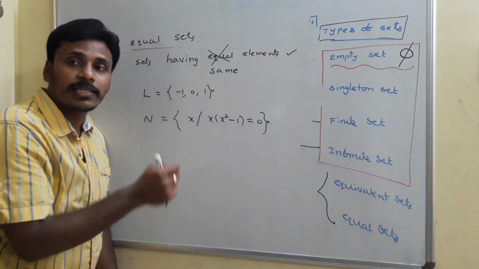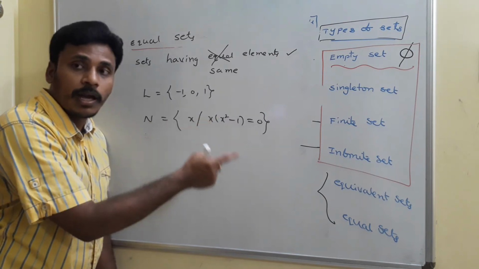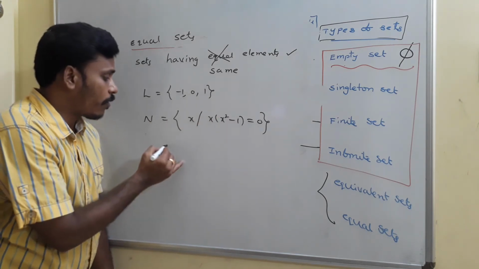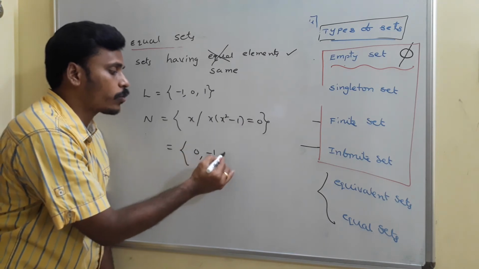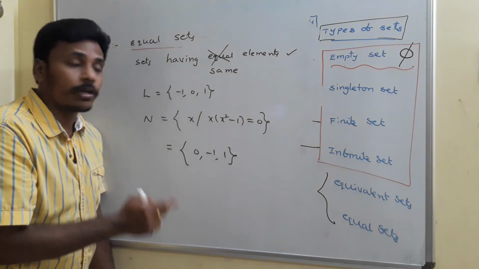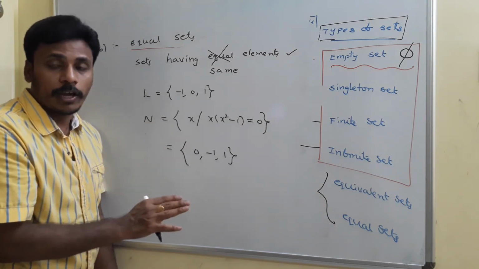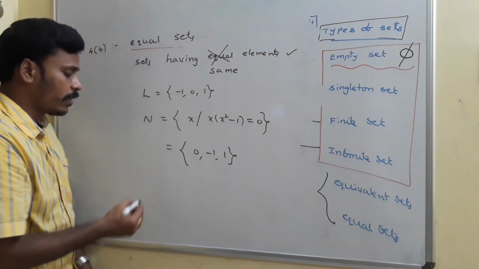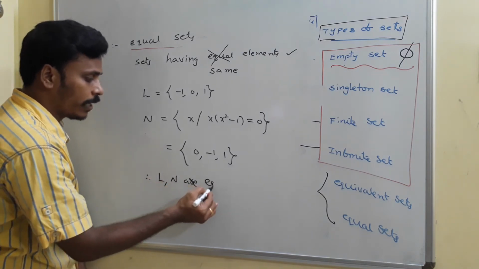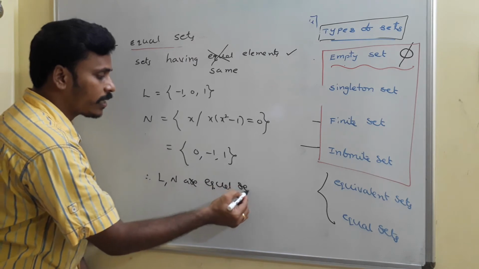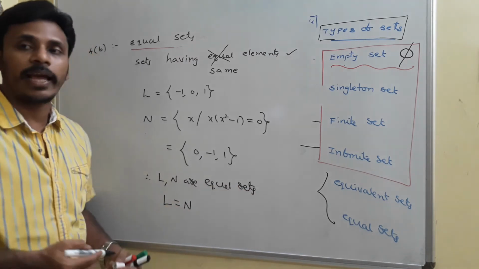If you solve it, either x is 0, or x is 1, or x is minus 1. So the solutions are nothing but 0, minus 1 and 1. And if you look, L and N both have the same elements. Since they have the same elements, we say that L, N are equal sets. And since L, N are equal sets, we directly use the equality sign between L and N.